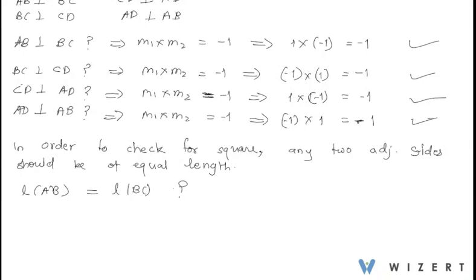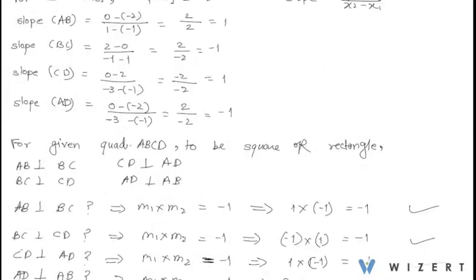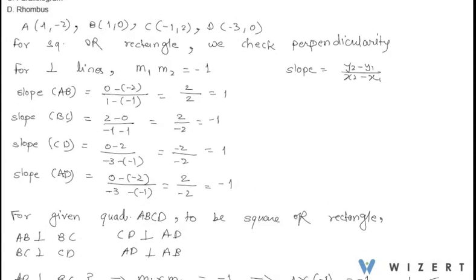Is it true? The length of AB is given by under root of (x1 - x2) whole square plus (y1 - y2) whole square. For AB, x1 x2 are -1 and 1, and y1 y2 are -2 and 0.